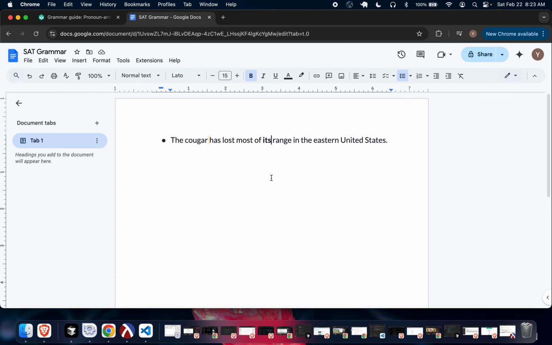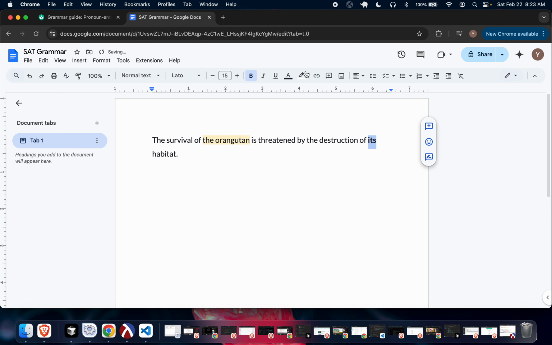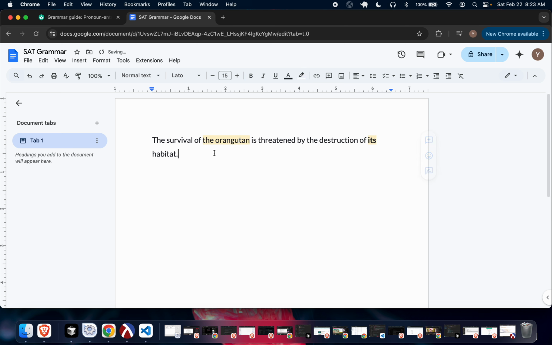So this is the noun that this pronoun is referring to. And what I can do is replace this pronoun here with the noun that it's referring to. So: the survival of the orangutan is threatened by the destruction of the orangutan habitat.